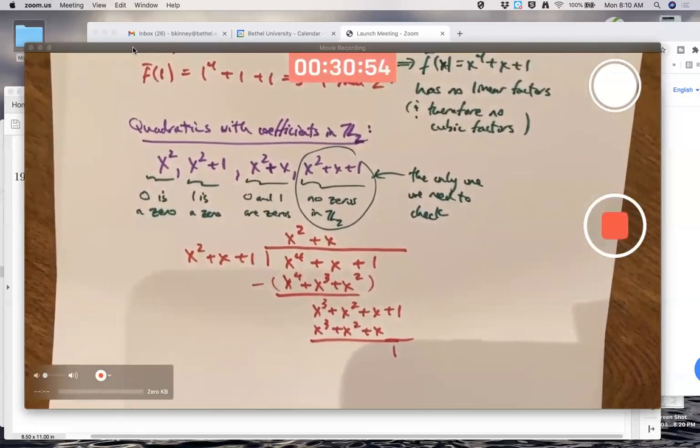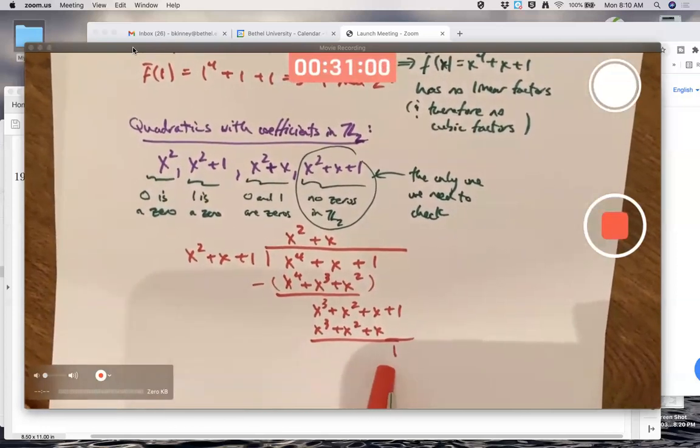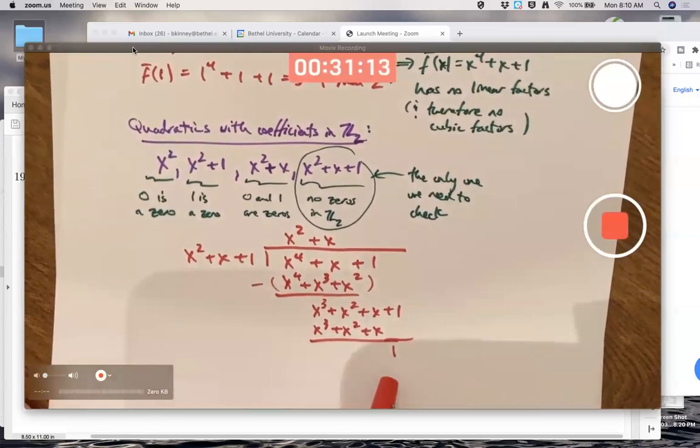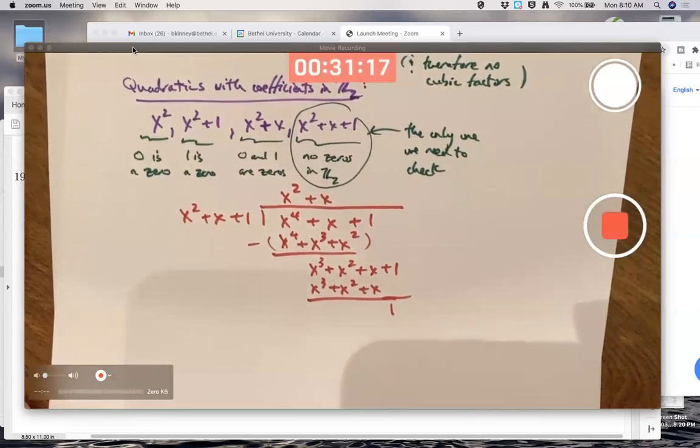I don't see a mistake. We can't go any further. That's got a degree smaller than this. It didn't have to be constant, actually. It might have been a linear polynomial. We stop when the remainder has degree less than what we're dividing by. Happened to be a constant here, but it could have been linear. We could have gotten x plus 1 here, and we'd still stop.